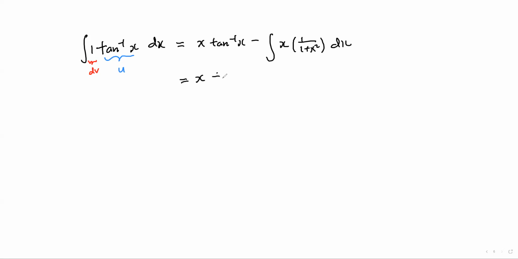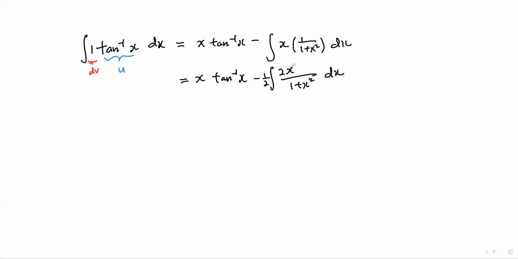So this is x tangent inverse x minus integrate x over 1 plus x squared. If you notice, the numerator is very close to the derivative of the denominator. In fact, if you differentiate the denominator, you will get 2x, but this is an x. I'm going to introduce a 2 here, and then introduce a half outside to neutralize that.